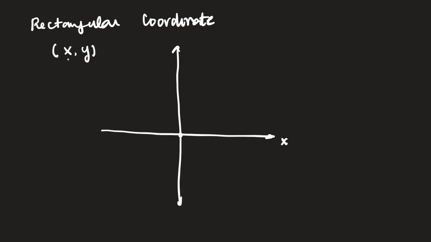We use the x coordinate and y coordinate to plot the point. For example, you go to the right, that's the x, go up, that's the y, then plot the point x and y. So there are different ways to represent a point on the coordinate plane. We call it polar coordinates.